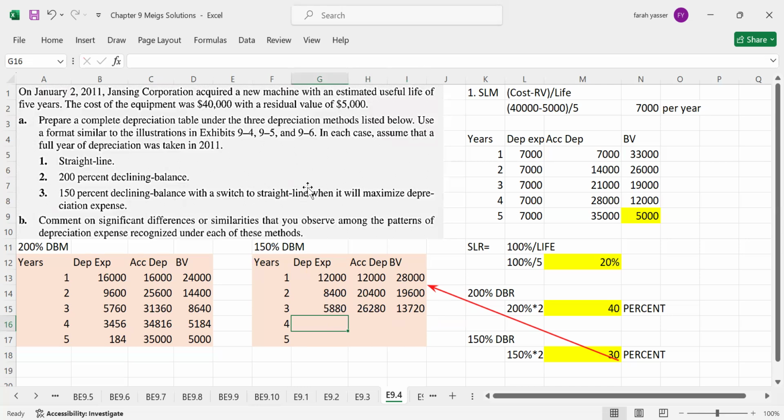For the straight line method, the amount of depreciation will remain the same throughout the years. Right now we have 13,000 as the book value. In the straight line formula, it is cost minus residual value. In this case, we have book value minus residual value. How much remaining life? Remaining life is 2 years.